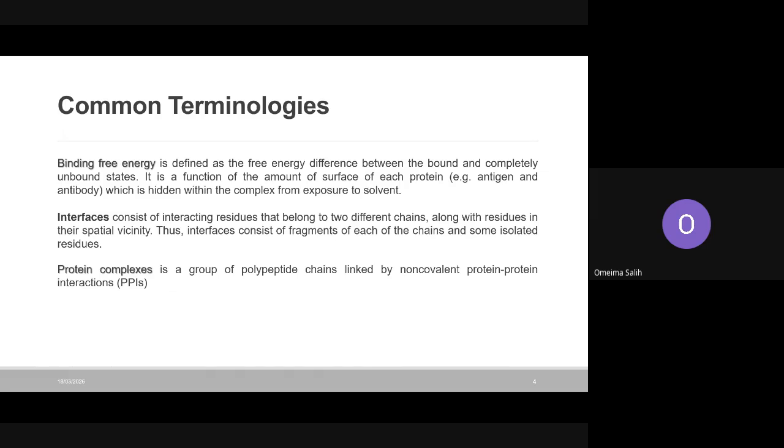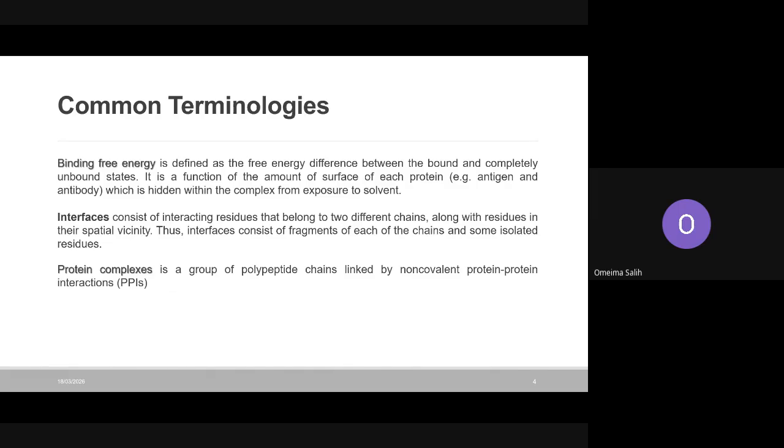So what is a protein complex? It is a group of polypeptide chains linked by non-covalent protein-protein interactions. In the last session, we already defined non-covalent interactions, like hydrogen bonding and van der Waals interactions, and we spoke also about hydrophobic and hydrophilic interactions.